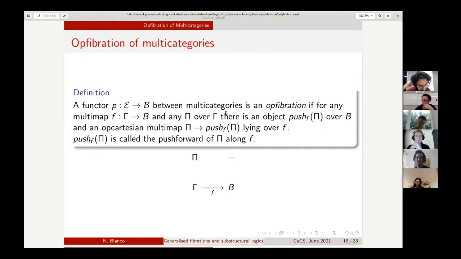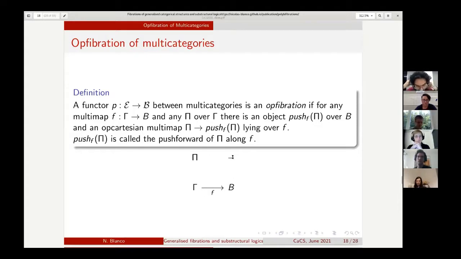And now an op-fibration is something that has all op-Cartesian liftings. So it's saying if I have a multimap in my base category, and I have objects over all the objects of the domain of my multimap, I should be able to take their push forward: an object over B that comes with an op-Cartesian map.